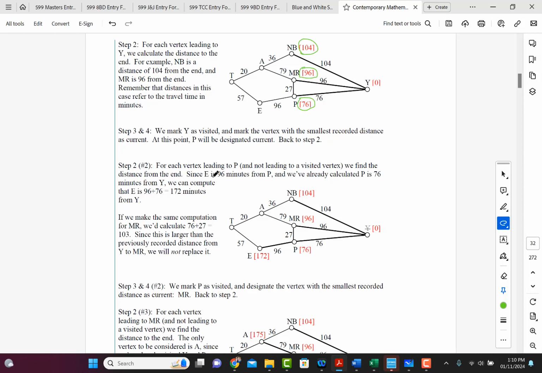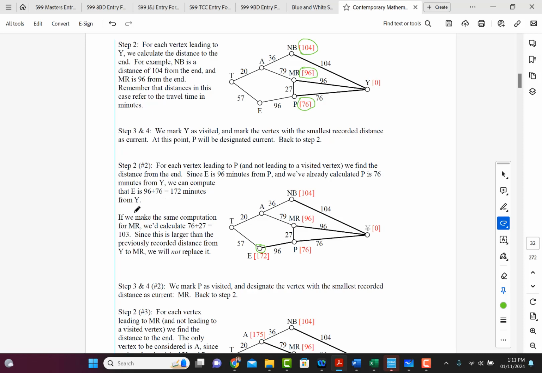Since E is 96 minutes from P, and we've already calculated P is 76 minutes from Y, we can compute E is going to be 96 plus 76. So we add the path. That gives us 172. So that's what we have here. So E is 172 minutes from Y.